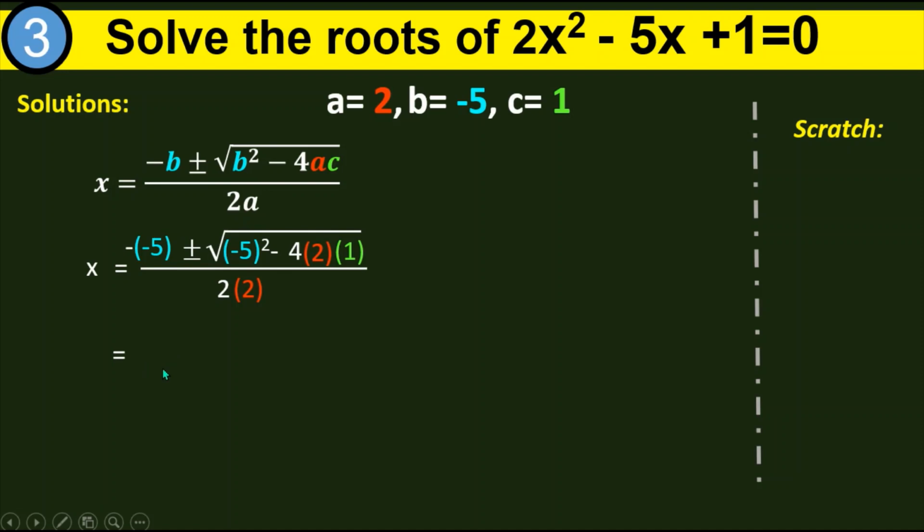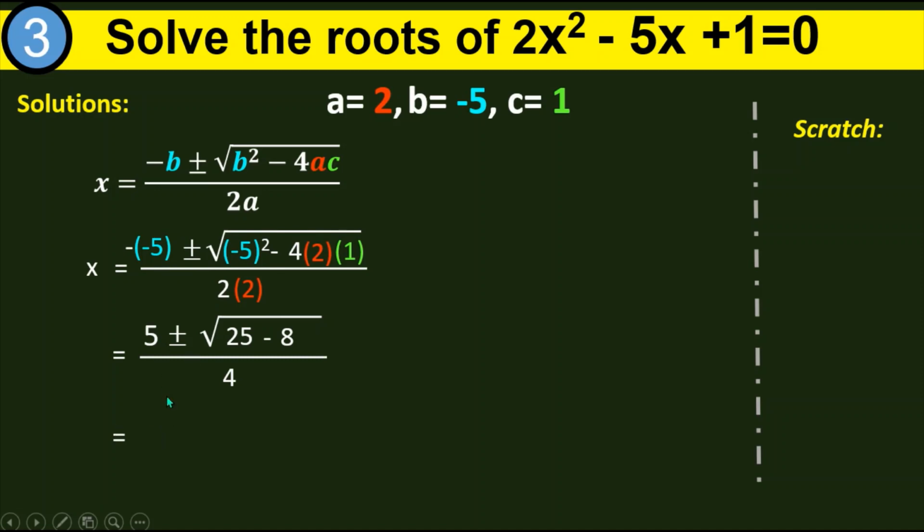So, x is equal to, inenegate natin si negative 5. So, therefore, siya ay magiging positive 5. And then, plus and minus square root of negative 5 squared is equal to 25. Minus 4 times 2 times 1 is equal to 8. All over 2 times 2 equals 4.